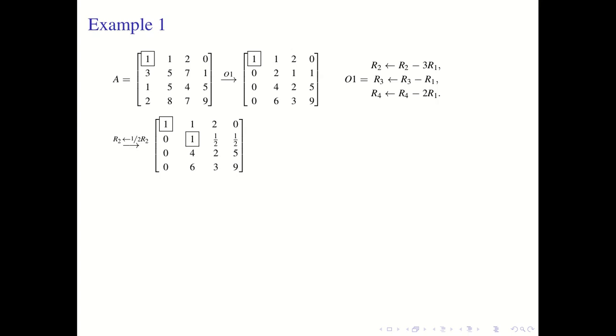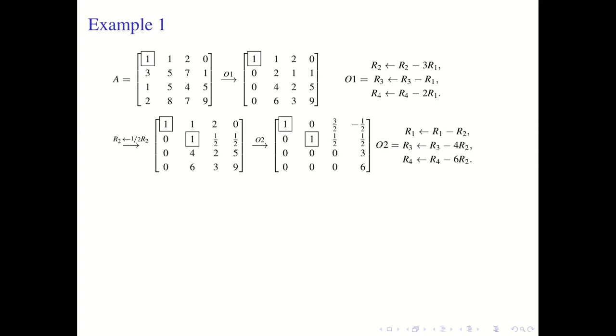So let's do the elementary row operations. We change R1 to R1 minus R2, R3 to R3 minus 4R2 and R4 to R4 minus 6R2. Now all the entries in the pivotal column are 0.